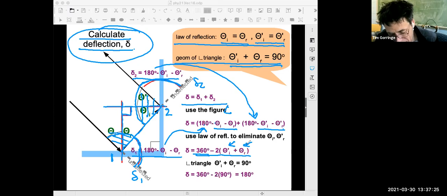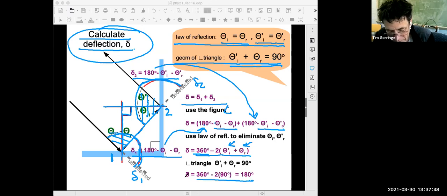And I did that because those are the two angles that I know add up to 90 degrees. So this little sum of the refracted angle at the first reflection and the incident angle at the second reflection, they add up to 90 degrees. And so I can just replace this by 90 degrees.